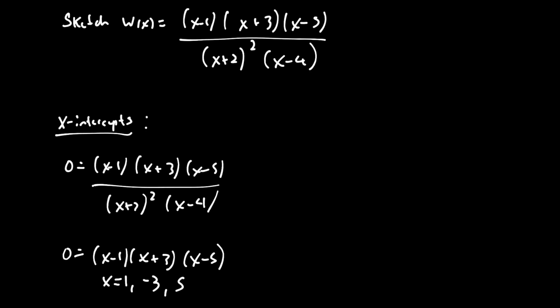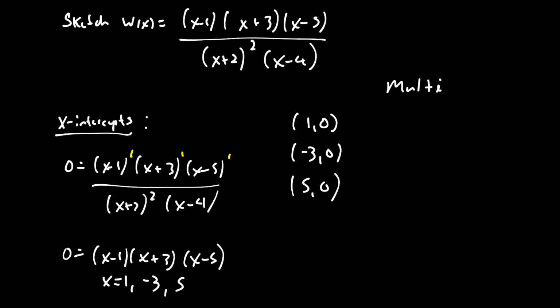So the x-intercepts are going to be given by (1, 0), (-3, 0), and (5, 0). And since we're here, let's also look at their multiplicities. Again, each of these terms has a power raised to the first, which tells us that each of these x-intercepts will have a multiplicity of 1.